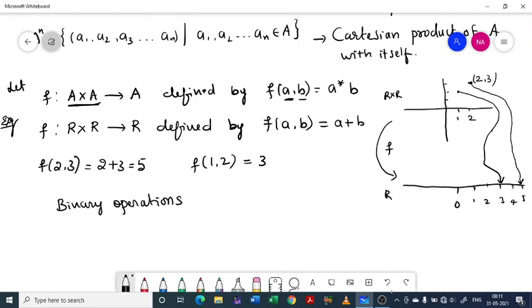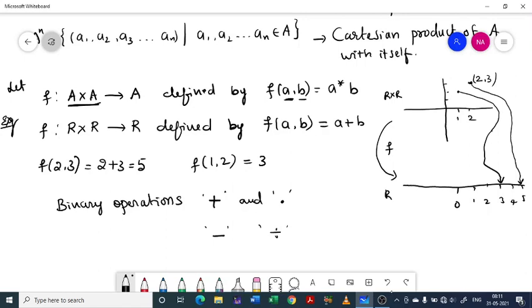The most important two binary operations are plus and dot, because these two are well-defined operations. Minus is also a binary operation and division is also a binary operation, but these two are not well defined. They have some restrictions.